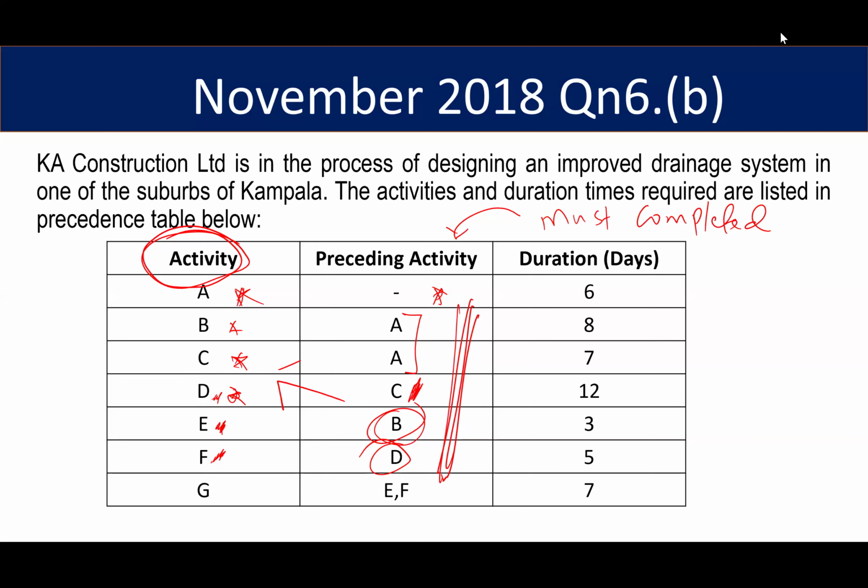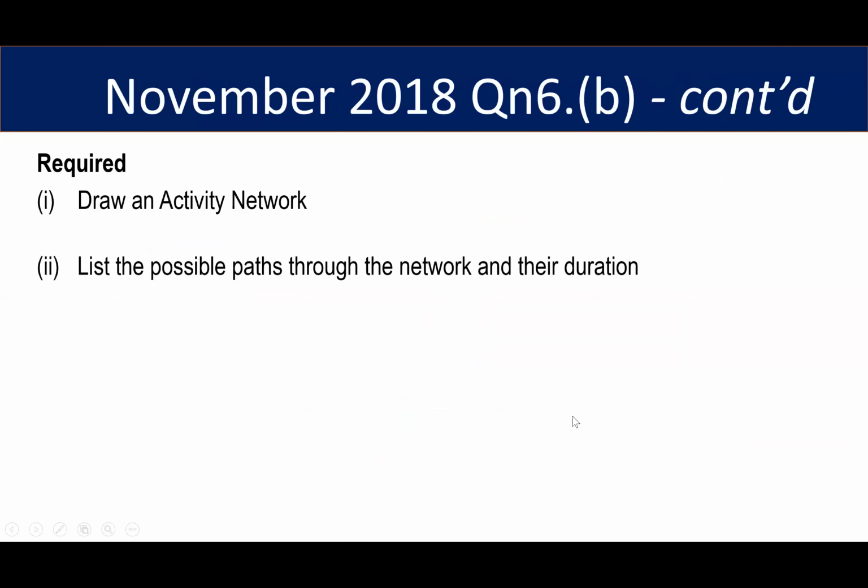So according to this, we must begin on activity A because it does not wait, as it doesn't have a preceding activity. Then after activity A, we shall have another circle to represent the end.